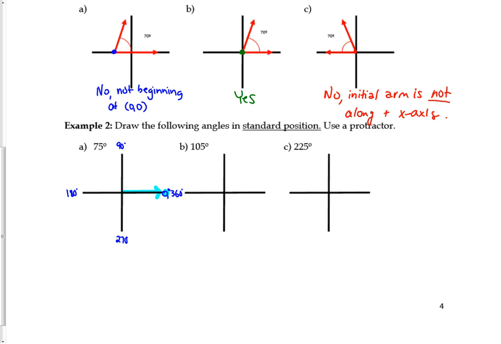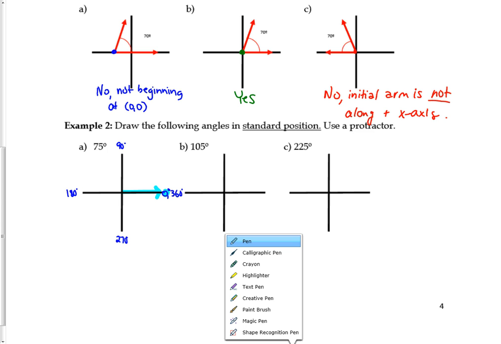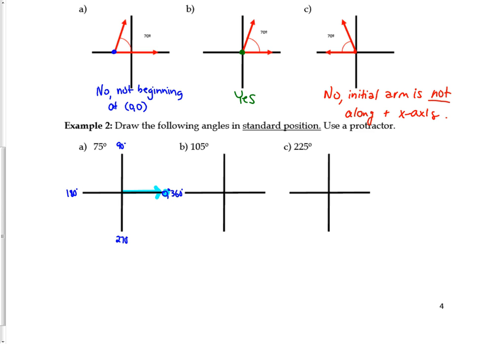Okay? So we want to move 75 degrees. We're still going to be in quadrant 1. So that's going to be approximately something like that. Okay, so here is my 75 degree angle.